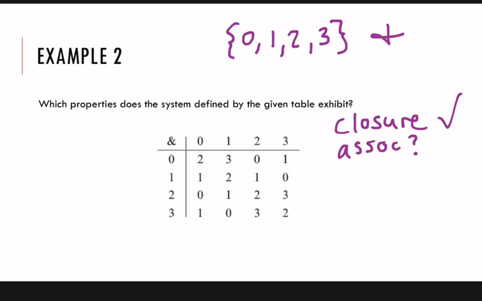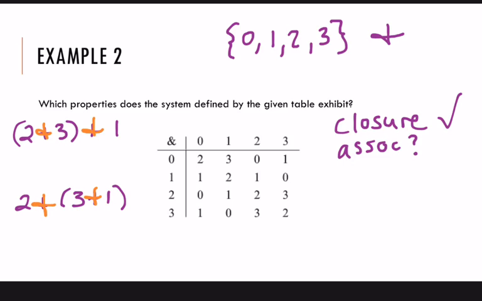Well, let's try one example. How about, let's see, 2 plus 3 plus 1. Then we'll try 2 plus, in parentheses, 3 plus 1 and see if they match. Oh, and actually I'm saying plus, but I really shouldn't be saying that. It's an and sign here. It's not really a plus.